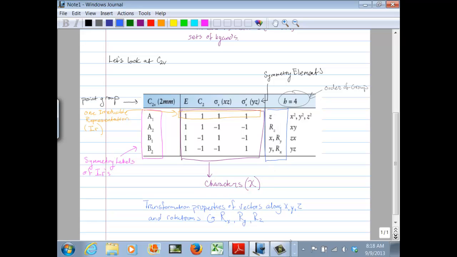An s orbital is found over here, where you have the squares of the axes. This is the second column, the transformation properties of the squares and the binary products of the coordinates, or the axes. If you wanted to know the symmetry of the s orbital, you look for x squared, y squared, and z squared.